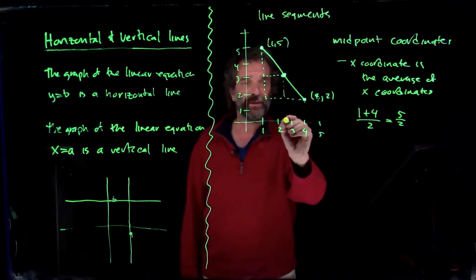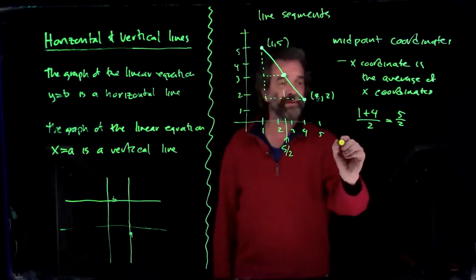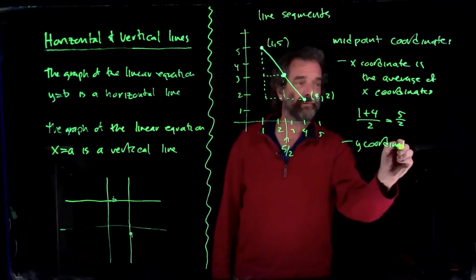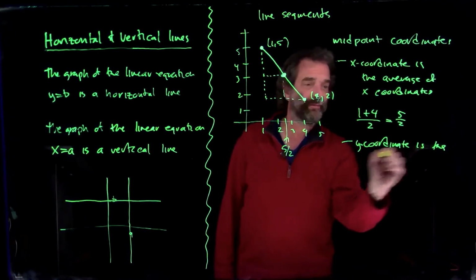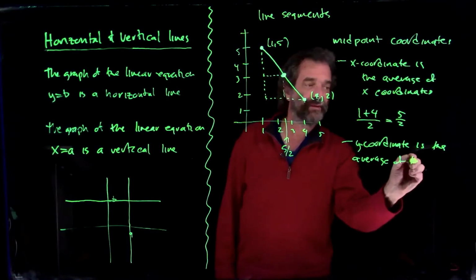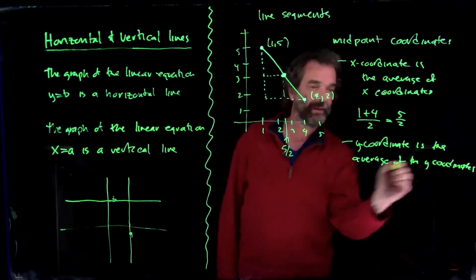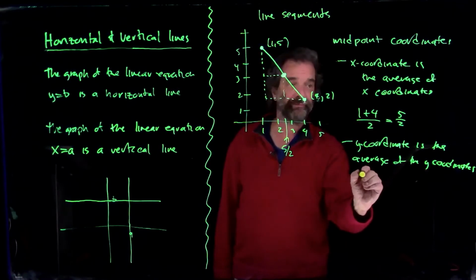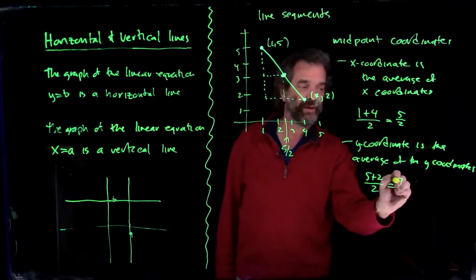So this spot here, which is the x coordinate, is 5 halves. And for the y coordinate, same deal. The y coordinate is the average of the y coordinates. So the y's are 2 and 5. So 7 halves.